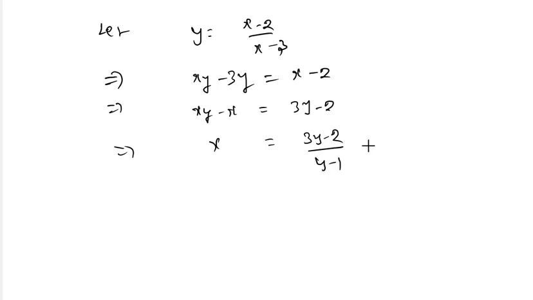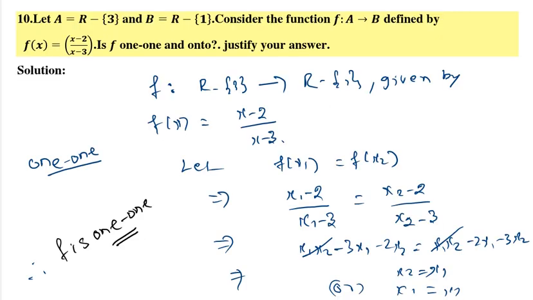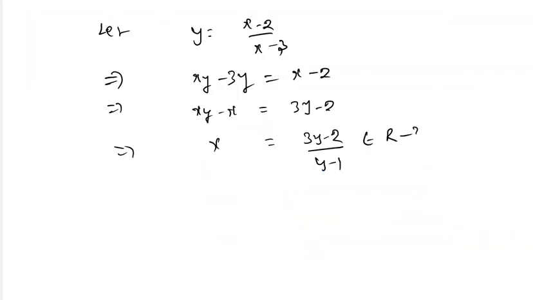y minus 1, and x is a real number other than 3. The denominator should not be 0, so y is not equal to 1. y not equal to 1 implies y belongs to the entire real numbers except 1. So this is nothing but the codomain.